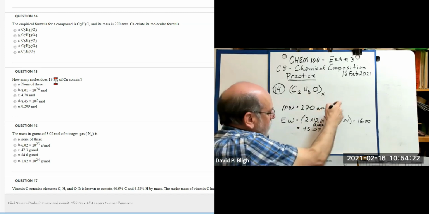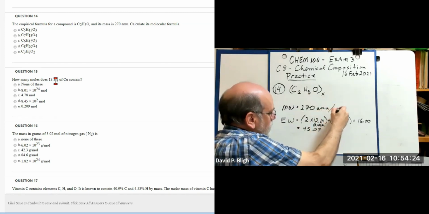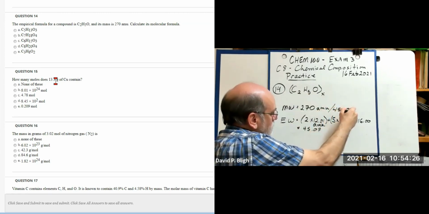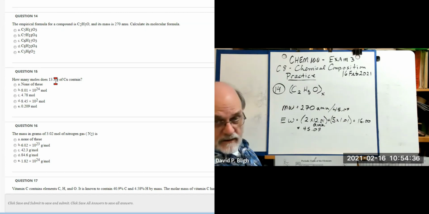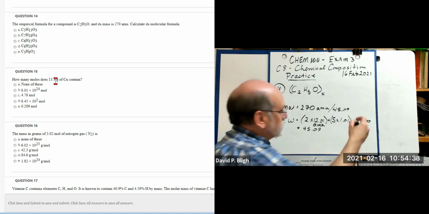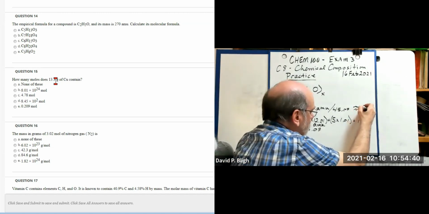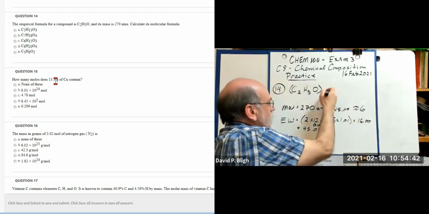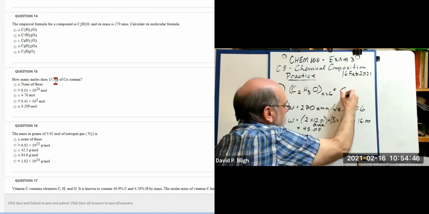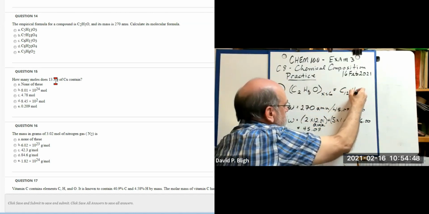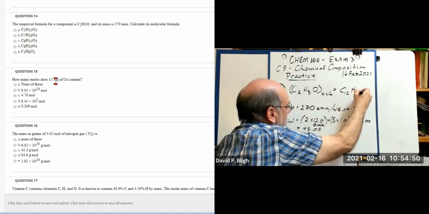So we need to divide 270 by this one, which is 6, rounded off to the nearest whole number. So if this is 6, then our formula would be C12H30O6.